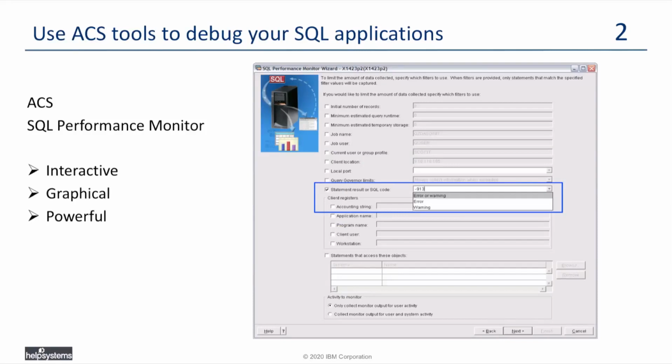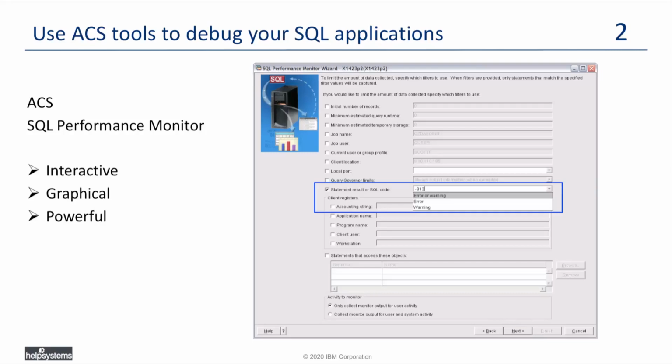So a monitor equates to trace. There'll be data collected for every database action, every SQL that's executed based upon your filter criteria. And this monitor wizard shows us the full complement of filter criteria that you can specify. The more things you specify, the less data you're collecting.